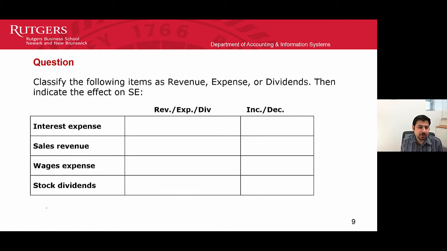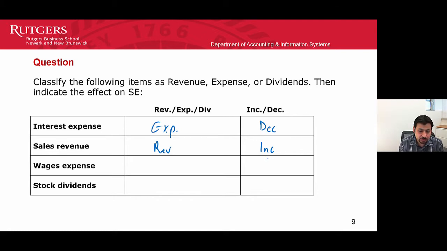So interest expense, we know that this is an expense, and expenses, what do they do to stockholders' equity? They decrease stockholders' equity. Sales revenue is a revenue, and as a result, it increases stockholders' equity.